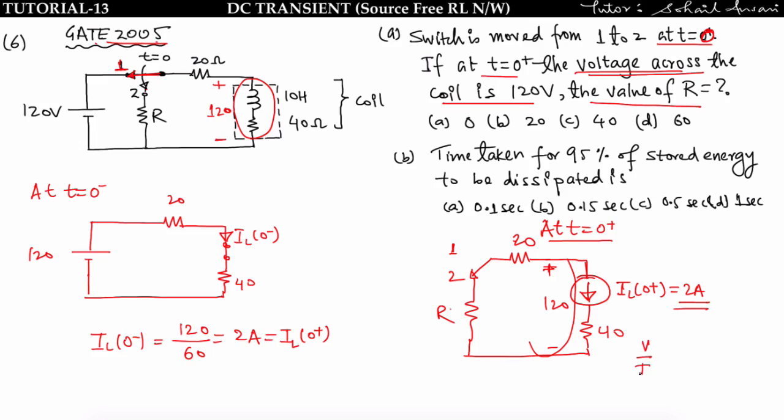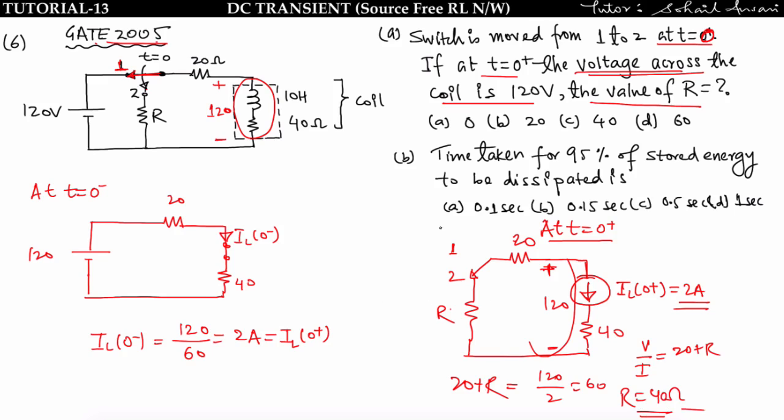So V upon I is given by 20 plus R. So hence 20 plus R is equal to 120 by 2, that is equal to 60, hence R is equal to 40 ohm.